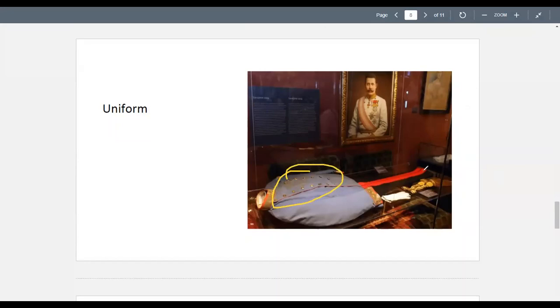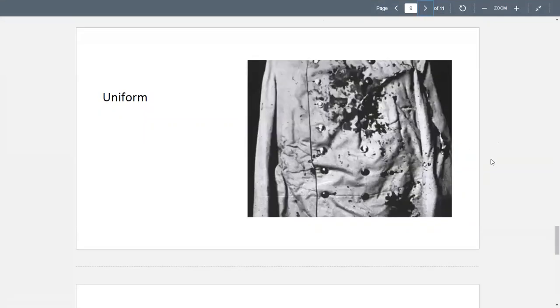All of those mustard stains 106 years later are blood stains. And so that is what he was wearing when he was shot and killed. There is a black and white picture that you can see taken at the time. The blood is a lot more visible, shall we say.